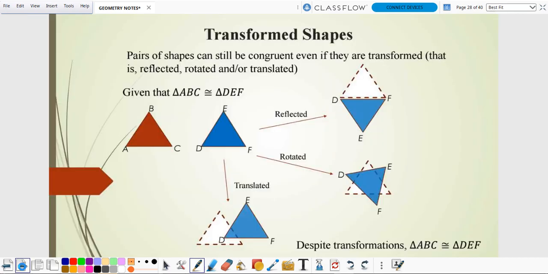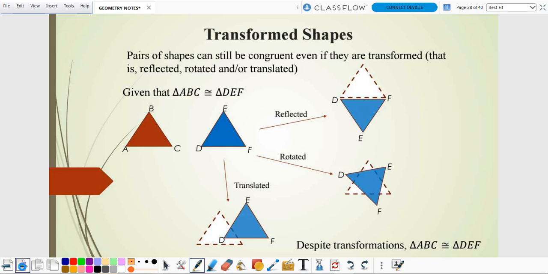So, transformed shapes. Sometimes they're going to try and throw you off by presenting the triangles in different ways. So they're not always going to show them like this. Sometimes you get a question where it's ABC, but then the triangle DEF could be flipped over, or reflected.